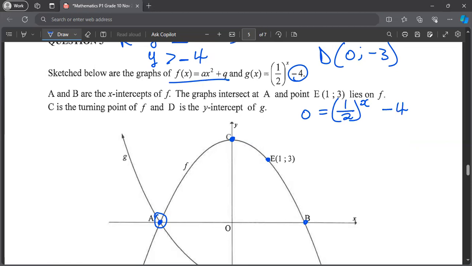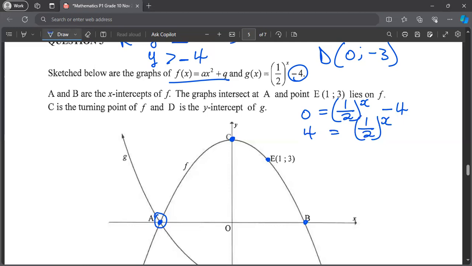Now, the first thing you do, you take -4 to the left, so it becomes positive. Do you see that? But now you realize this is actually an exponential equation, and you can't solve an exponential equation if the bases are not the same. So the first thing you have to do is to make sure that the bases are the same.